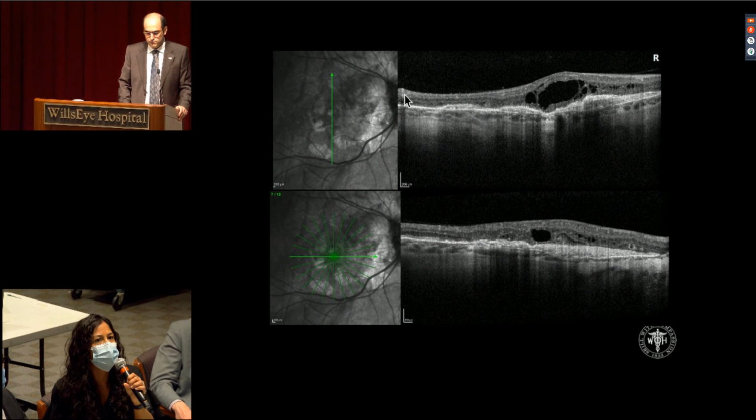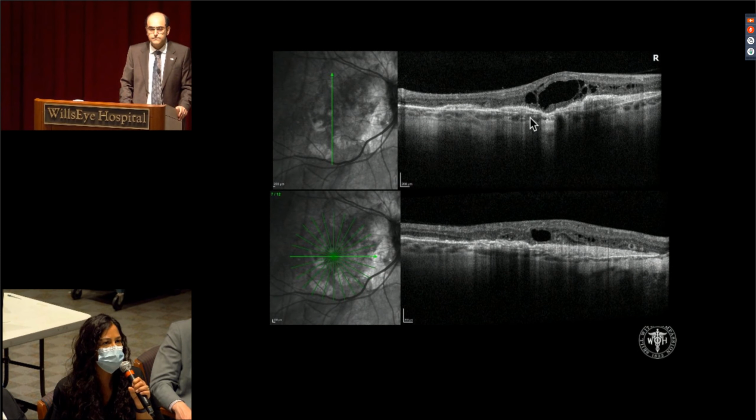And then going layer by layer. So relatively well preserved, nerve fiber layer, internuclear, interplexiform, but then we see this large cystic area centrally with disruption of the outer retinal layers here. So if we follow this, this is a large area of hyperreflective lesion in the outer retina.